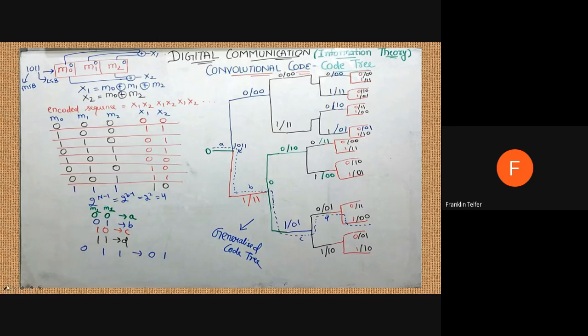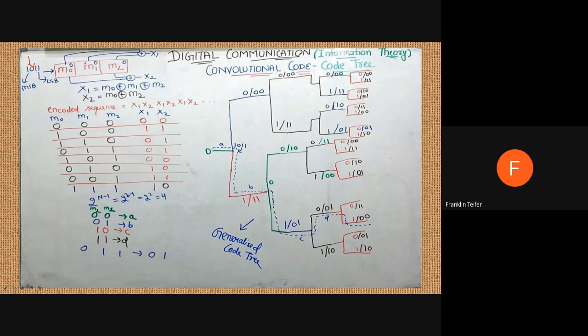So the given message sequence is 1011. MSB and LSB are given, most significant bit and least significant bit. I'm sure that you should have known this. So M0, M1, M2 are the shift registers.